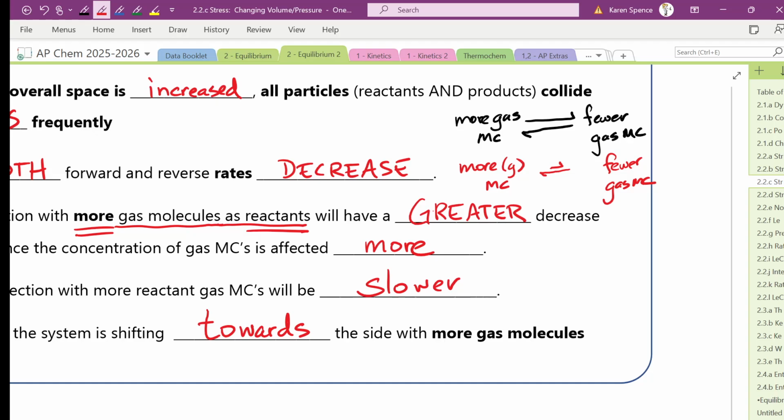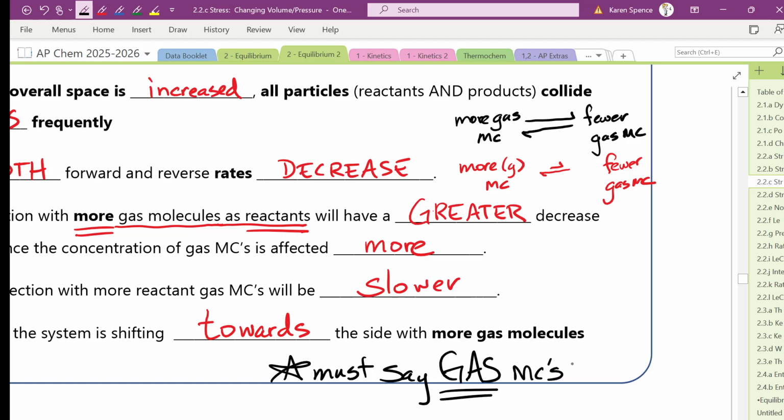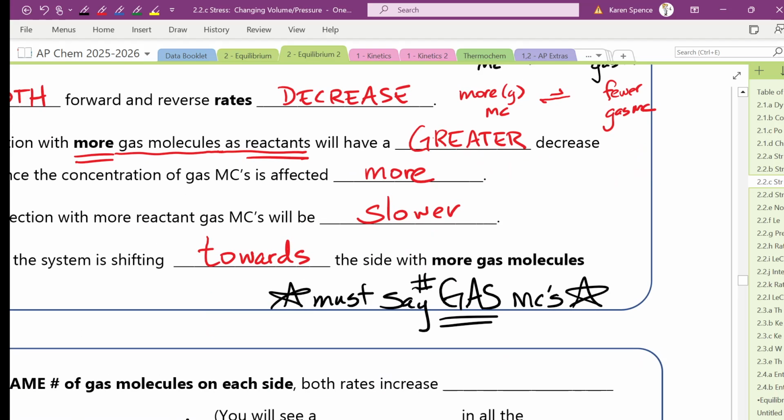How can I not do that? It's by paying big attention when Ms. Spence says things like, must say gas molecules, the number of gas molecules, not just molecules.